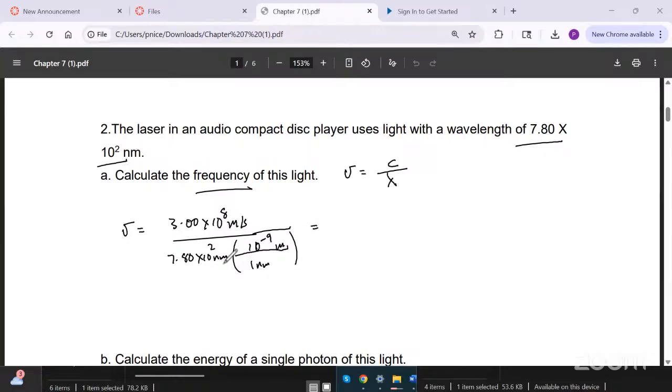So all you have to do now is do the cancellation of units, and then your final answer would be expressed in seconds to the minus 1 or hertz. So let's see what that gives. 3 times 10 to the 8 divided by 7.80 times 10 to the 2.